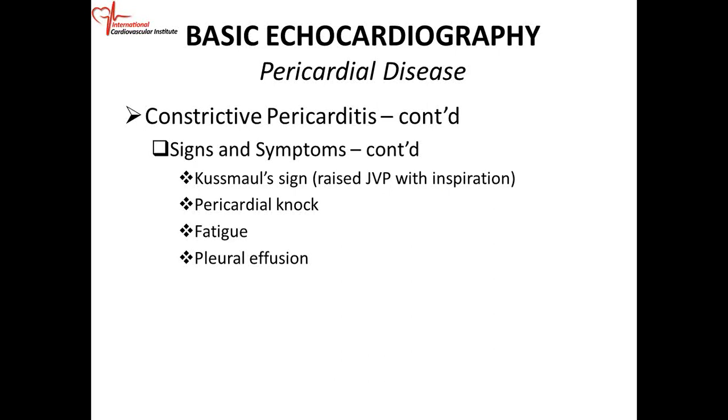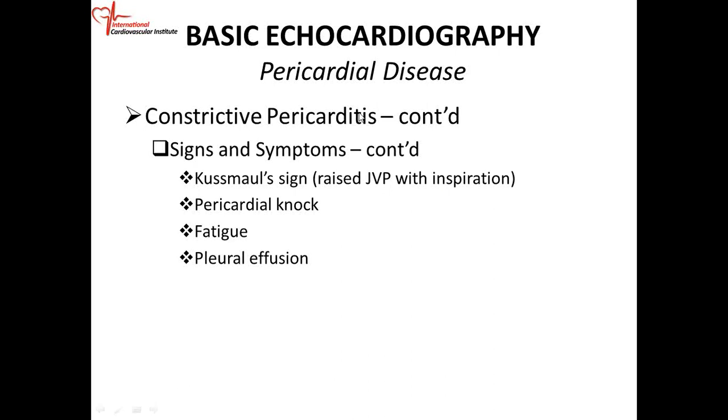When you have constrictive pericarditis or tamponade, you don't have that. The heart cannot expand. You're going to have the septal bounce, but that's not enough. So the additional blood cannot get inside the ventricle, and the veins in the neck are going to bulge up because the blood has to go somewhere.